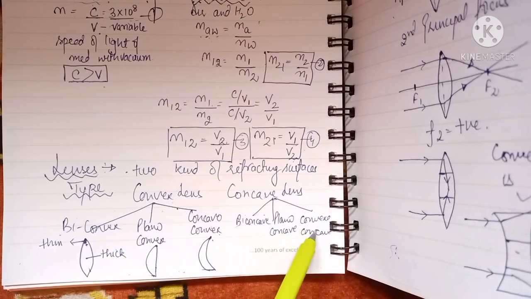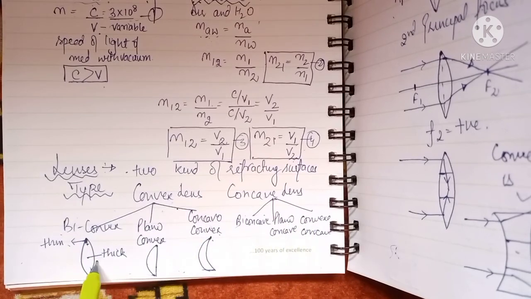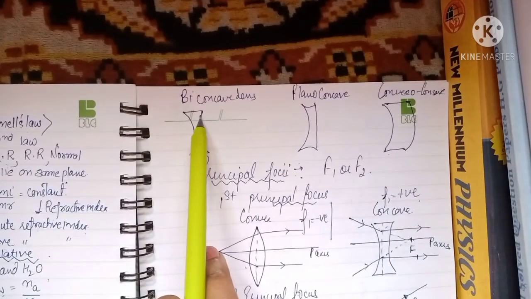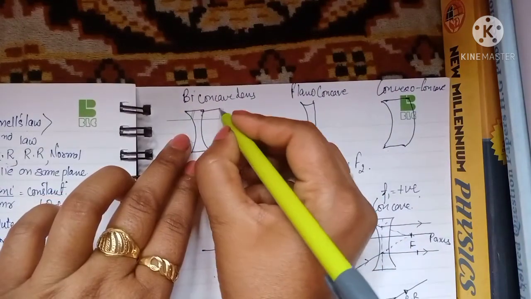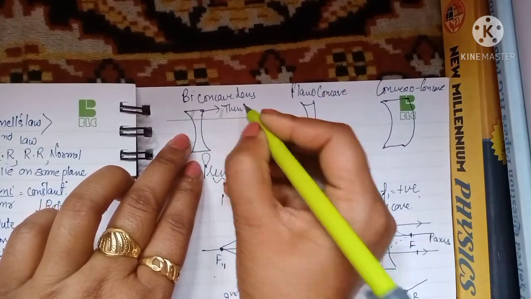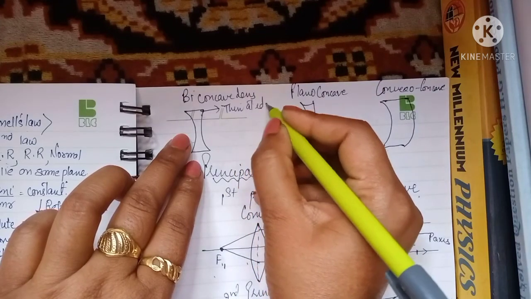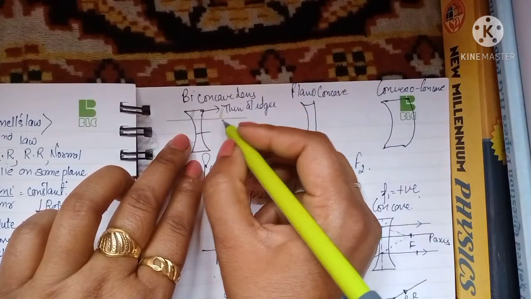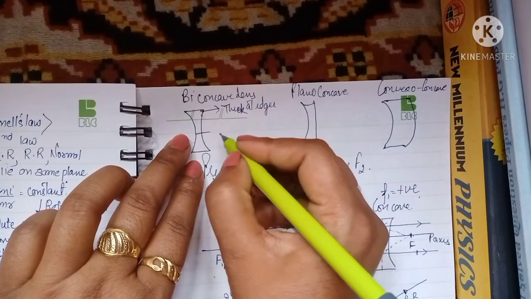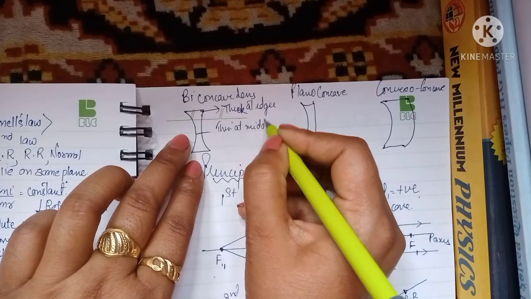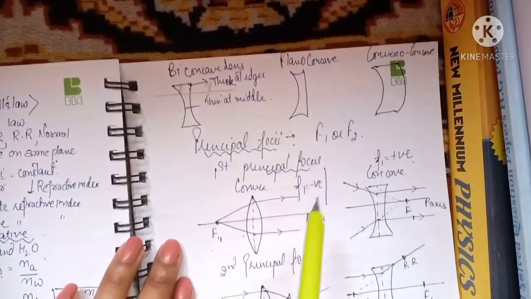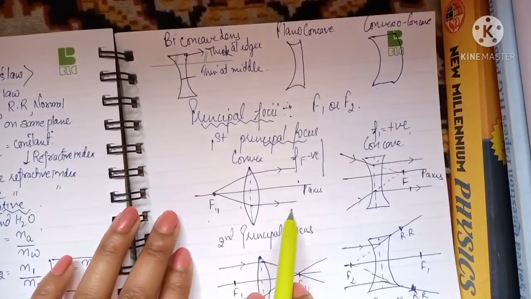Concave is again of three types. Convex is thin at the edges and thick at the middle, whereas in the case of concave it is thick at the edges and thin at the middle, right? Then we determined the focus.